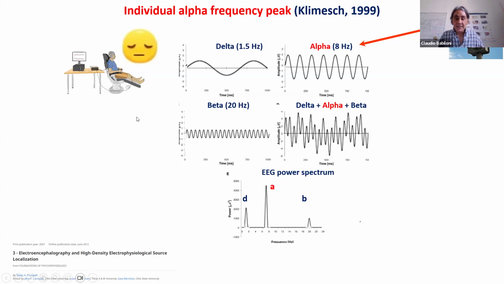In the spectral analysis, you can estimate the amplitude and power of the single oscillations contributing to the recorded EEG activity. And this estimation is performed by fast Fourier transform, a very popular technique of spectral analysis of EEG activity.